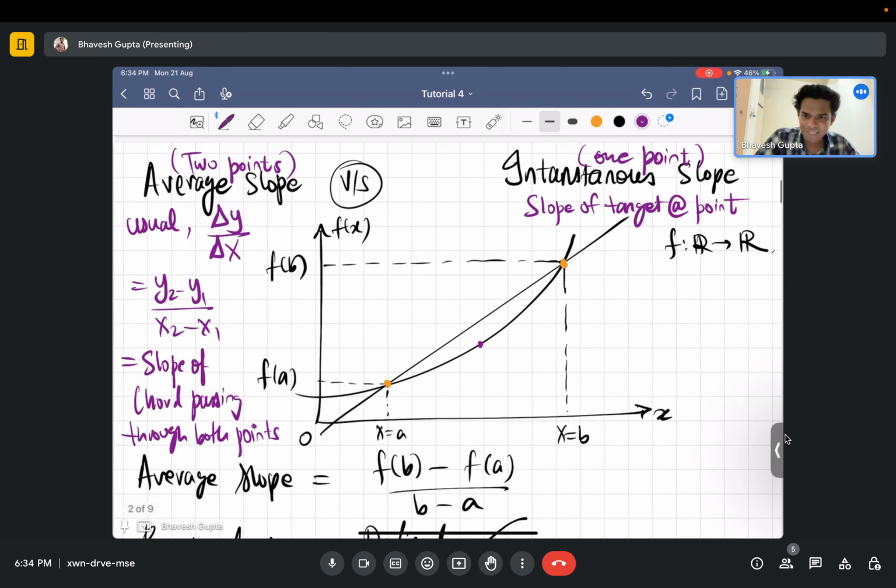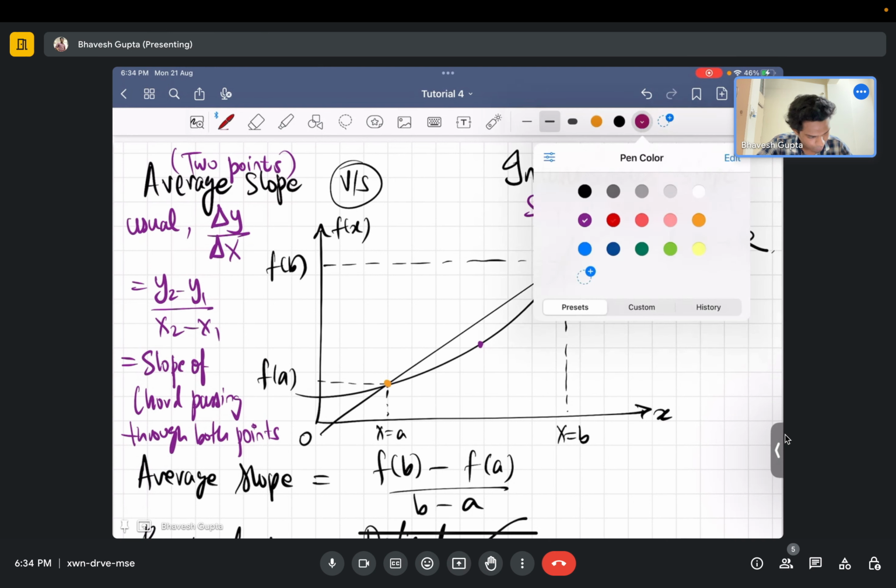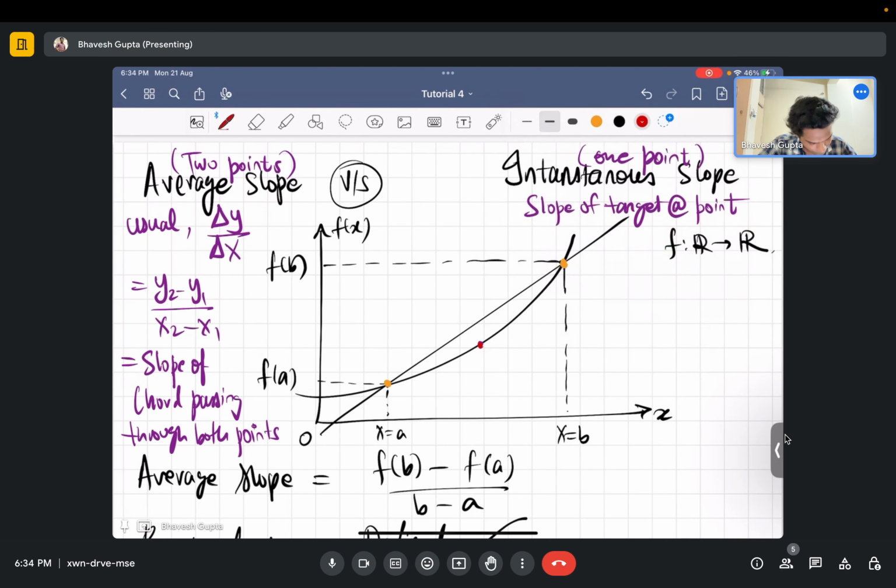That's the basic idea of average slope and instantaneous slope. As I wrote, the instantaneous slope is just the slope of the tangent at that point. Let me draw it in red, it turns out to be this kind of line, and let's say this is some x equal to c.